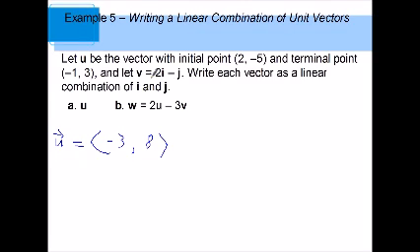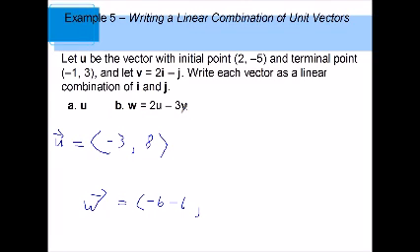If we've got vector v as 2i minus j, and you have this resultant vector w as 2u minus 3v, w would be calculated as 2 times u, so -3, times 2 would be -6, and then minus 3 times v, so -3 times 2 would be -6 in the i hat direction.